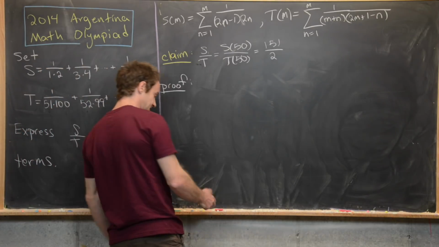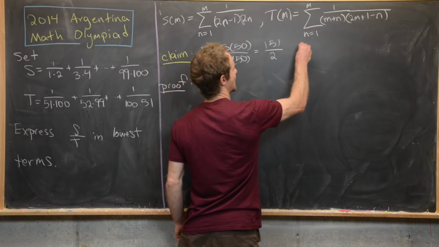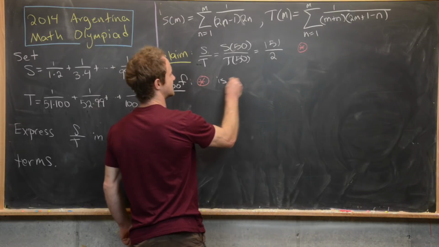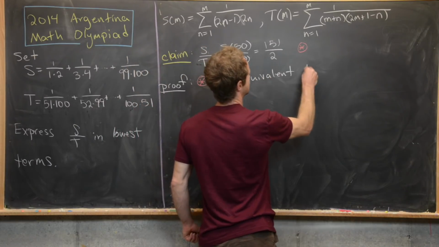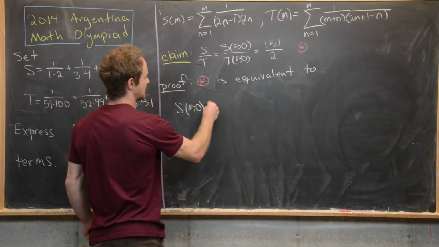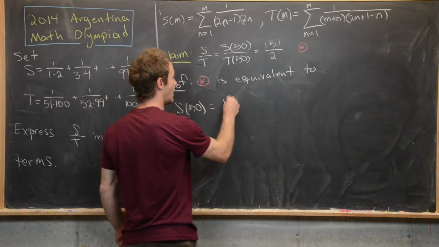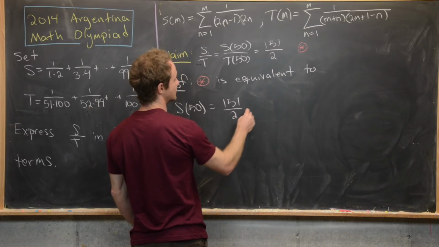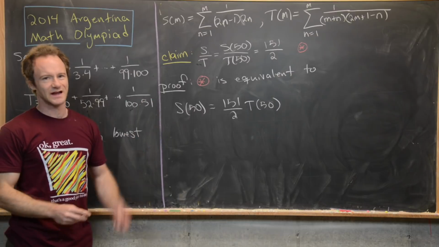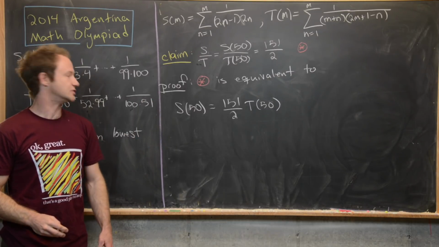So notice that this, by this I mean maybe this red star, is equivalent to the following: s of 50 equals 151 over 2 times t of 50. Well, we just cross multiplied there. There's nothing really to that.